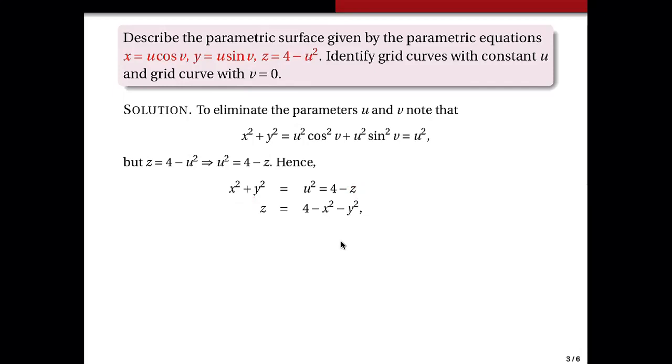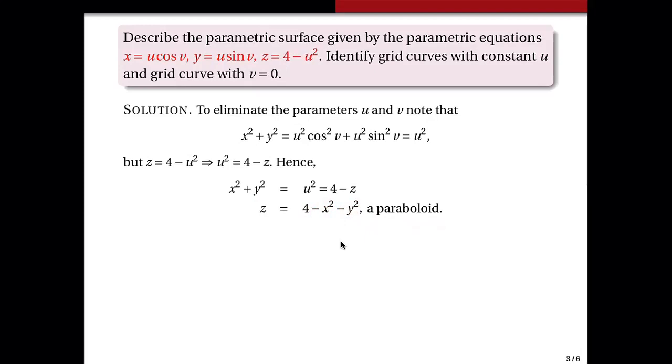Now, if you instead let y equal 0, then you will have z equals 4 minus x squared, and that's a parabola. And if you cover this x squared here, you will have z equals 4 minus y squared, and that's again a parabola. So you will have a paraboloid.